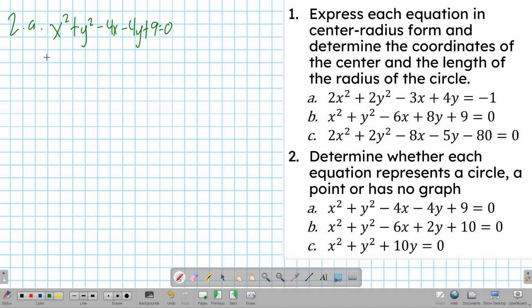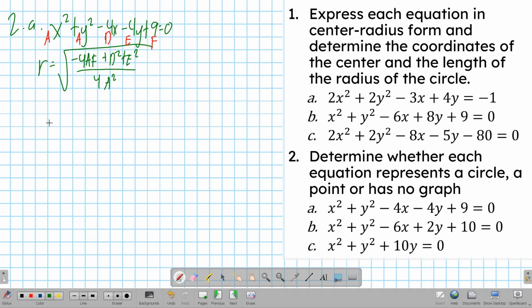I'm going to use the formula here because we're only looking for the radius. You can use algebraic means to find the radius, but I'll just use the formula that the radius r is equal to the square root of (negative 4af plus d squared plus e squared) all over 4a squared. This is a, this is d, this is e, and then f.